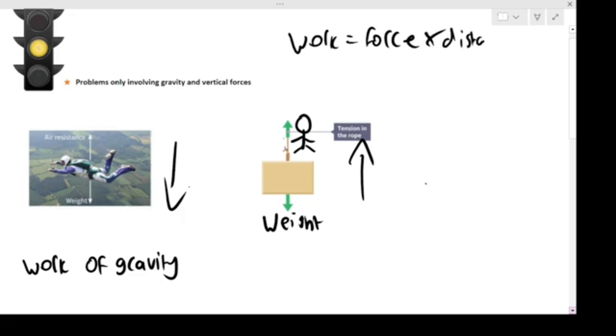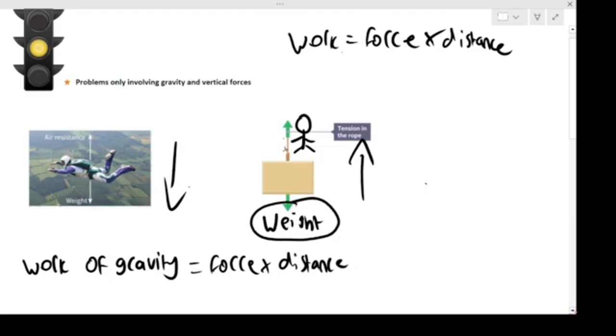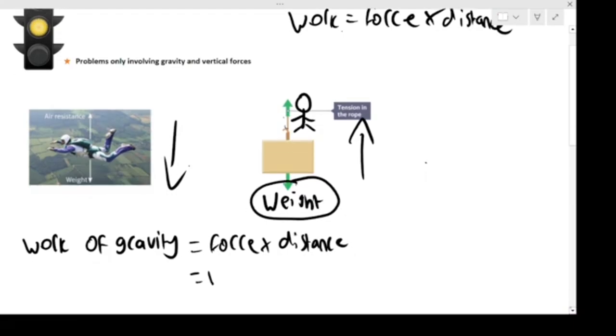That's what we've used so far, right? For any force, the work of the force is force times distance. So the work of gravity is force times distance. But as I said, weight represents gravity, so the weight is the force times distance.